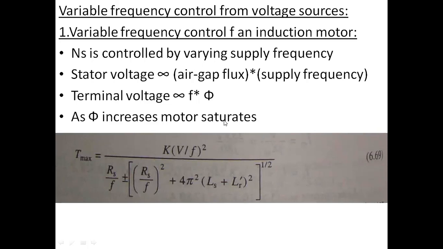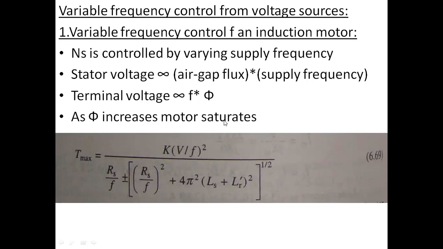So when I reduce the frequency, the terminal voltage will not be changed, but there will be an increase in air gap flux. Though the terminal voltage is not increased, when the frequency decreases, it causes an increase in the air gap flux.